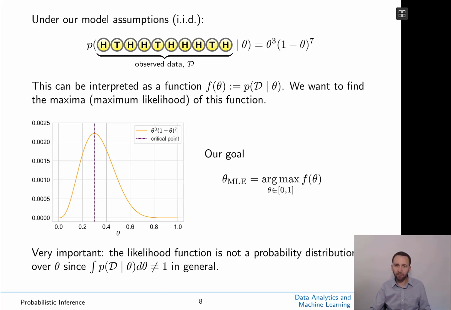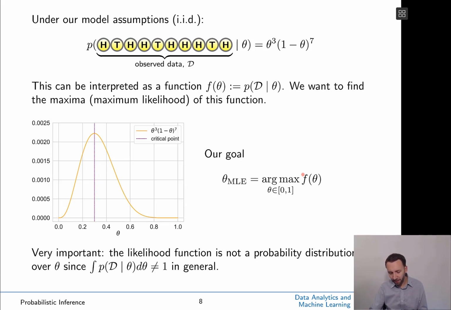And now you see the main point. We want to find the maximum likelihood estimate. We want to find the theta which maximizes this function, so here is the argmax. We are not interested in the likelihood value itself, but in the argument, the theta itself, which maximizes this function. So the maximizer, not the maximum itself.